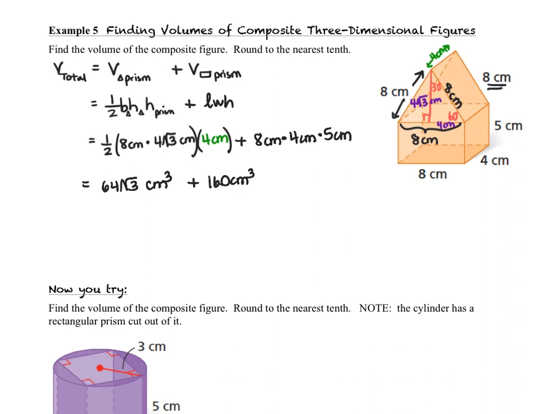So we have the two volumes that make up our composite figure, and when we add them together and approximate to the nearest tenth, we have 270.9 cubic centimeters.